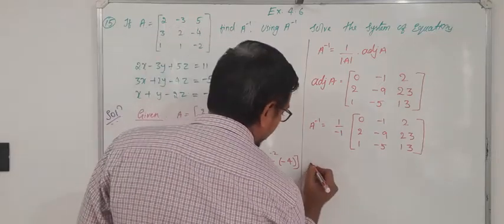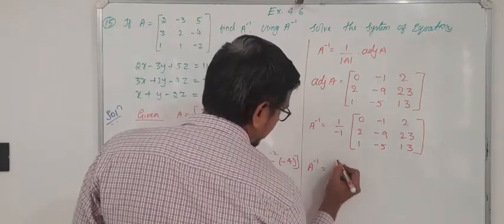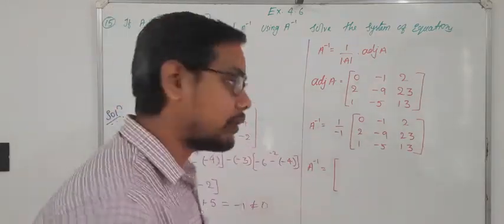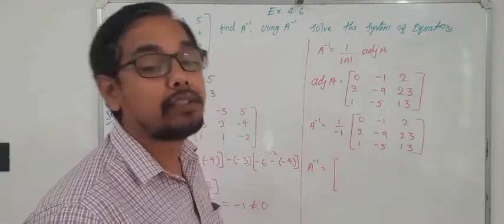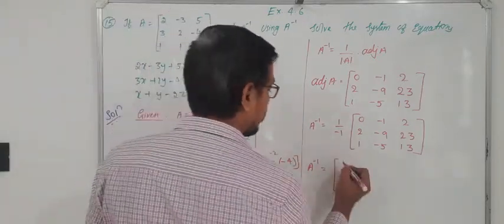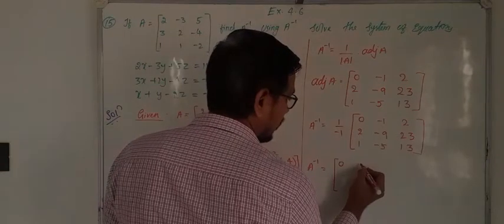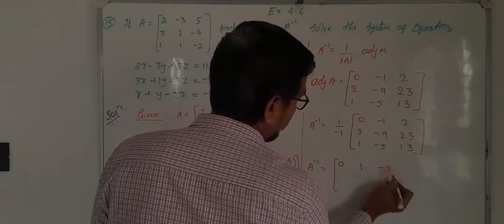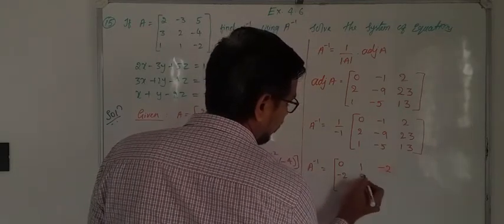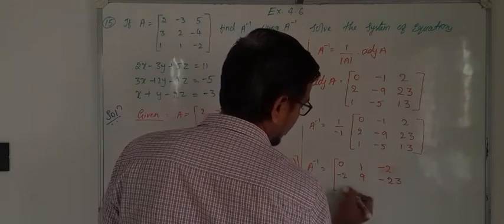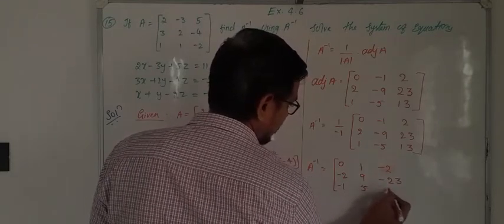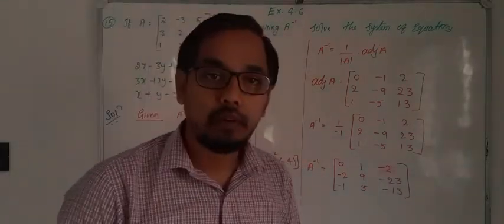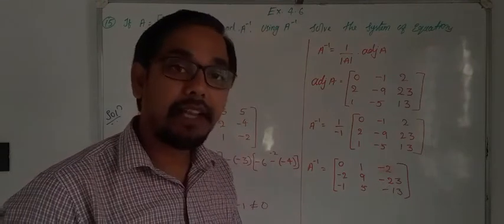So this is nothing but 1 upon minus 1, which is minus 1, taken inside, so all the elements get multiplied by minus 1 and the sign of all the elements will change. 0 remains as it is, minus 1 becomes plus 1, 2 becomes minus 2, minus 2, plus 9, minus 23, minus 1, plus 5, minus 13. So this is the value of A inverse, right?